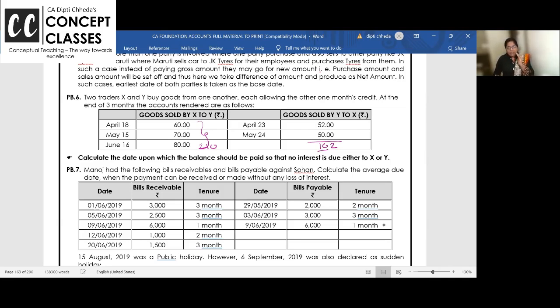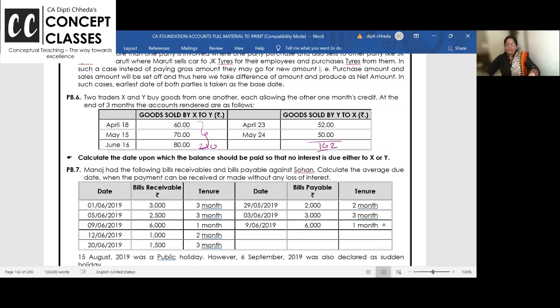So same average due date, only the important additional point to remember for all of you: when it is a transaction between two parties, take a common base date. Are you all getting what I am saying? Take common base date. You have to take a common base date, base due date for both. Rest is same. Okay? So let us calculate for the first party and then for the second party.